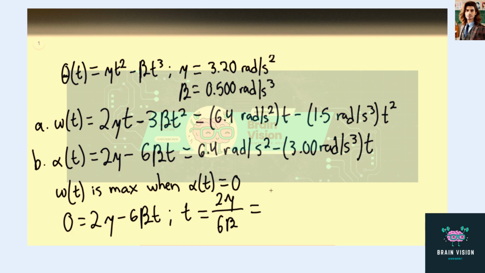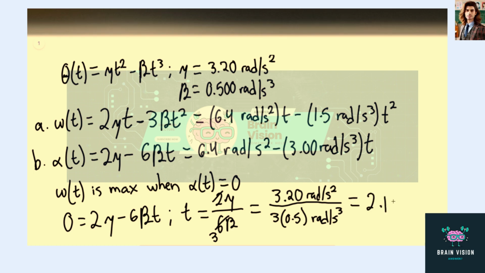And we can say that this is going to be gamma over 3 beta, or 3.20 radians per second squared divided by 3 times 0.5 radians per second cubed. And this is going to be equal to 2.133 seconds.